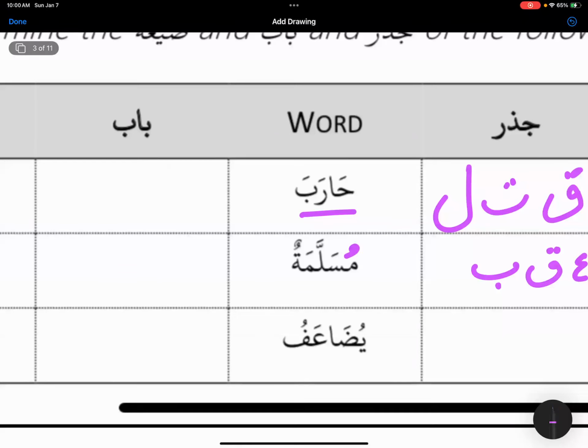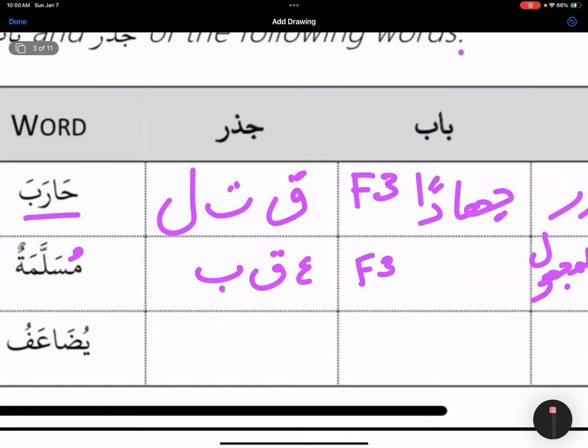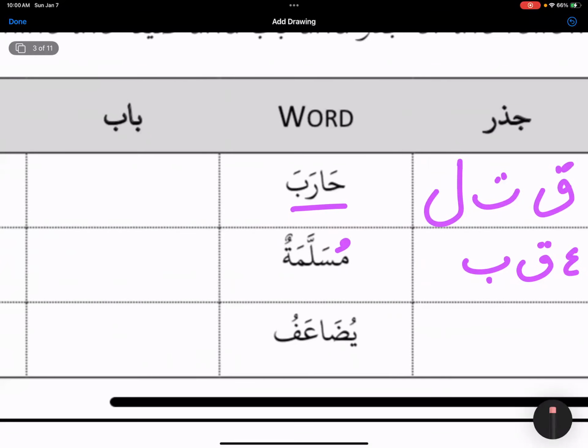No, it's not masdar, because there is no mim... we can call it masdar unless mim is part of the root letter. But we said root letter is sin, lam, and mim. Yeah, it can be ism maf'ul, or zarf. So these are the two options we have, musallamatun. Okay, and what would be the translation?